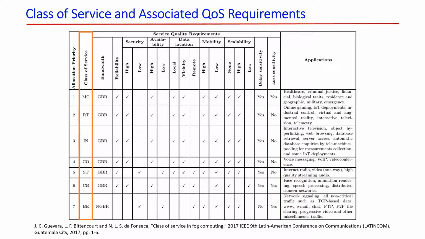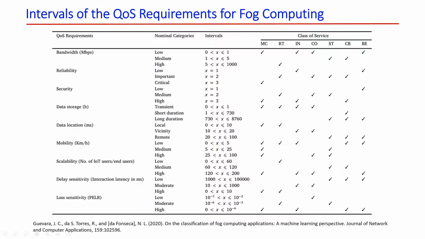Based on these requirements, 7 classes of service were defined: mission critical, real-time, interactive, conversational, streaming, CPU-bound, and best effort. Besides, a priority level was assigned to each class of service for potential adoption in scheduling systems. Also, the range of quality of service requirement values for each class of service was established.